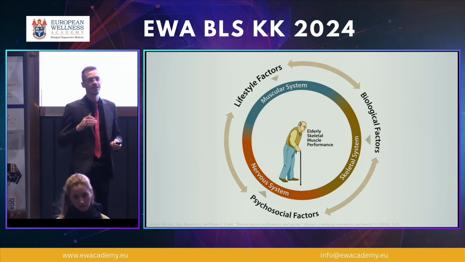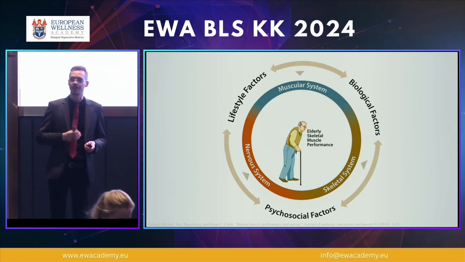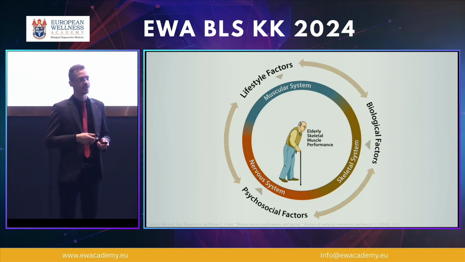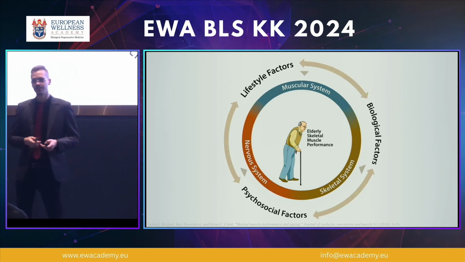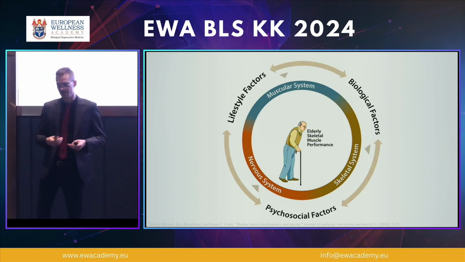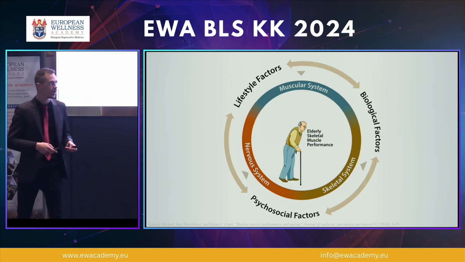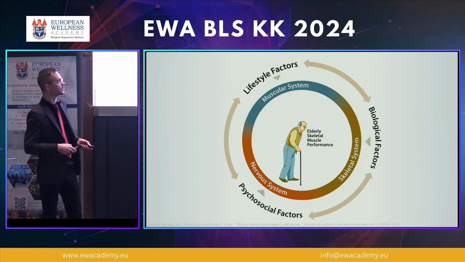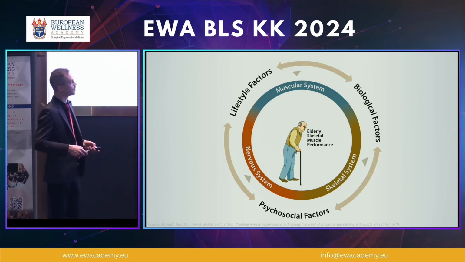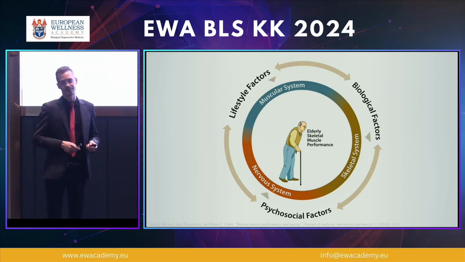So if there are any impairments, and there are most of the time age-related impairments with the nervous system, in order to have our musculoskeletal performance good and healthy, we also have to look into and address the nervous system. And even on top of that, we are also dealing with psychosocial factors.